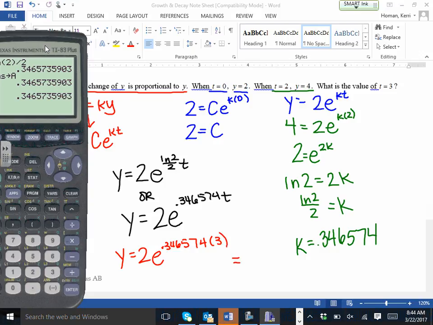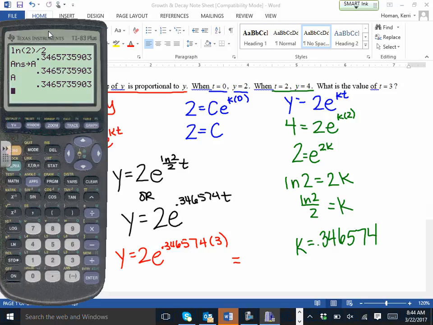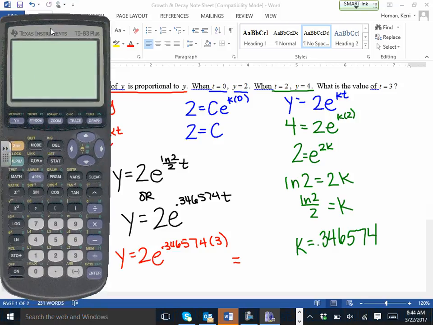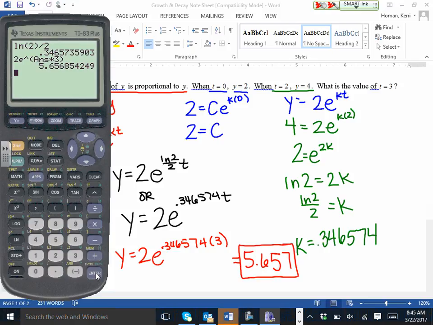So what I would probably do, like if I had just put in the natural log of 2 divided by 2, I would probably say 2 times e raised to my answer from before times 3. That gives 5.657.